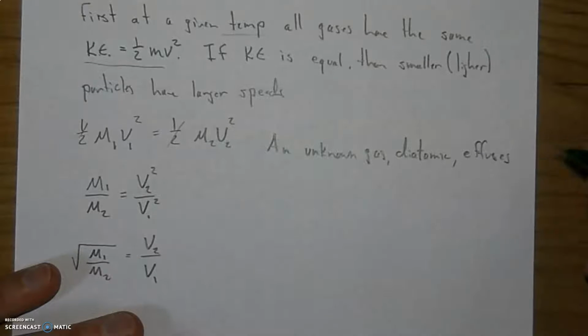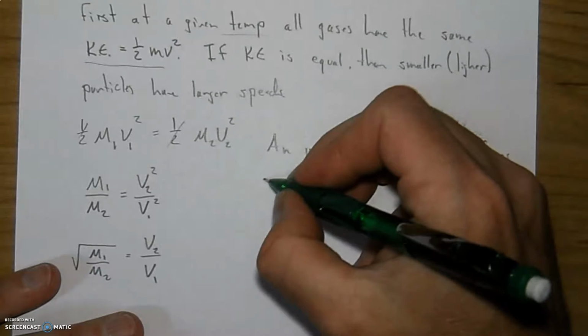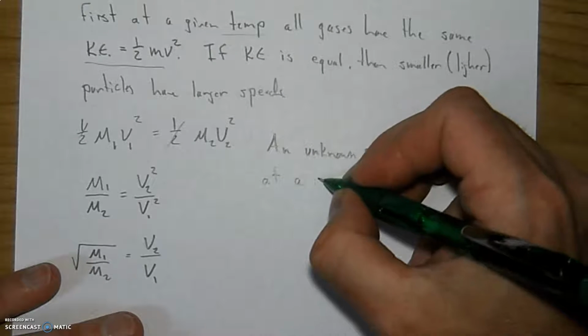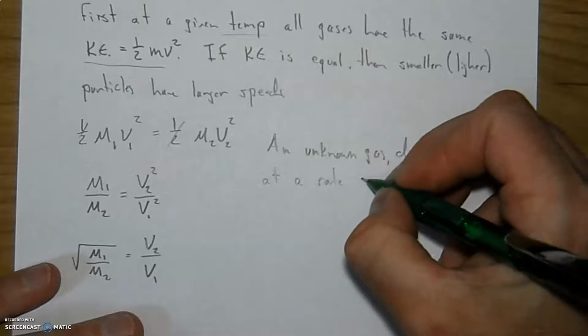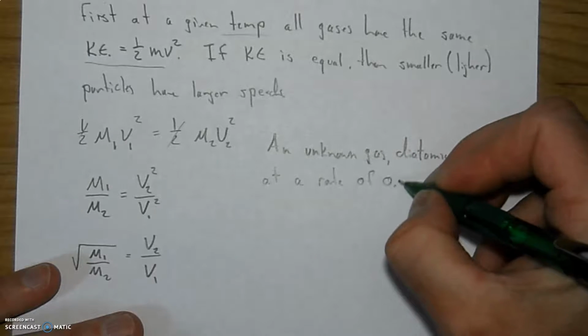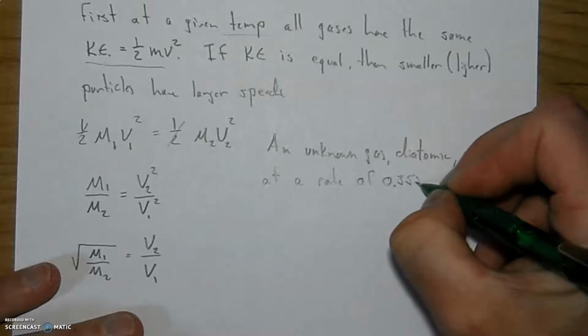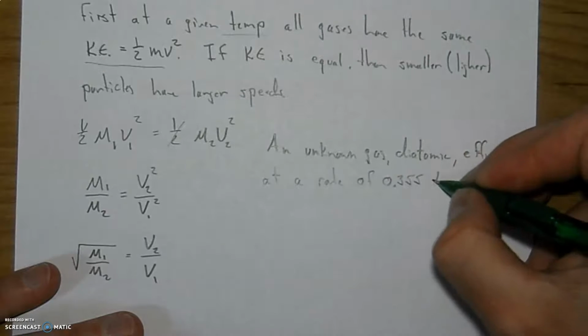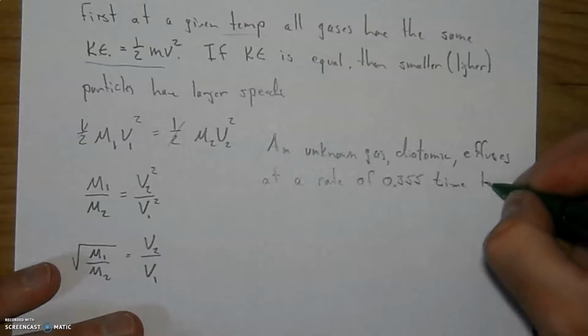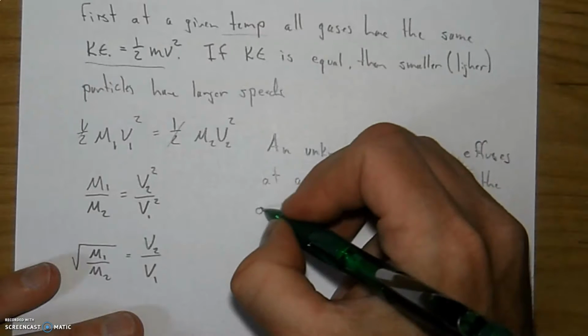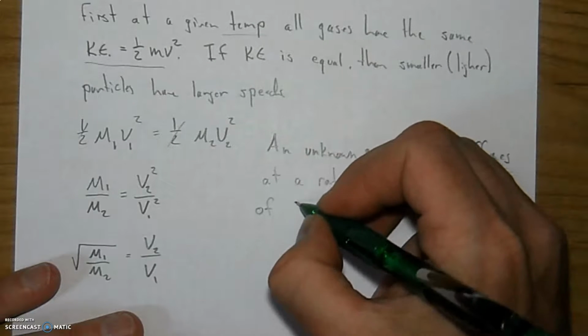Effuses means it goes across a container at a rate of 0.355 times the rate of oxygen, which is O2.